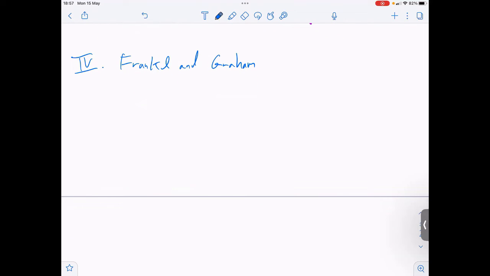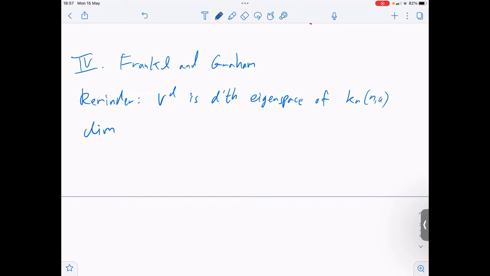So a reminder, Vd is the dth eigenspace of the Kneser graph. Okay, so what is the dimension of Vd? This is really something that we should know because of this delta business.